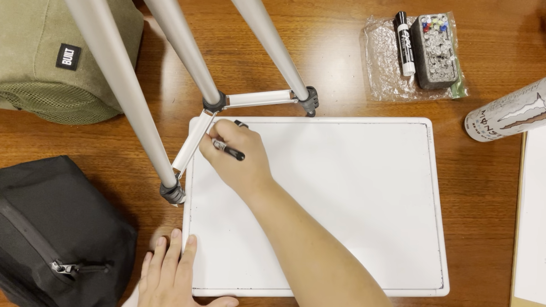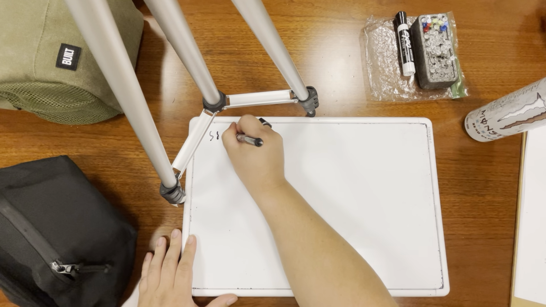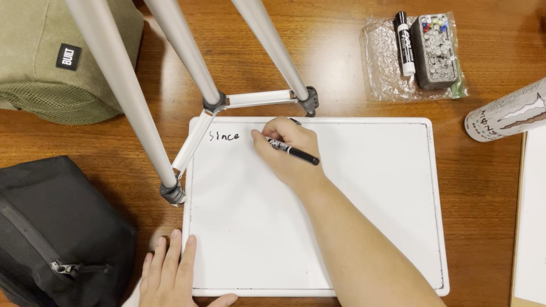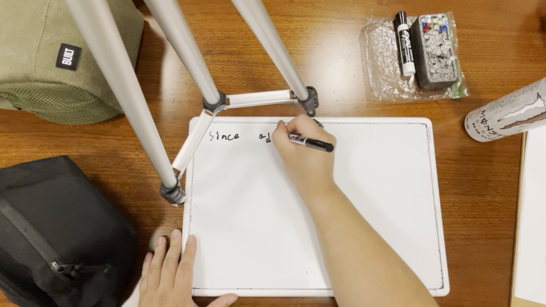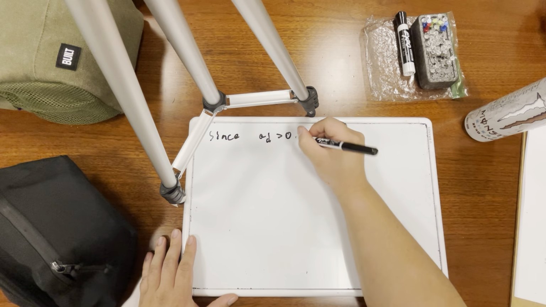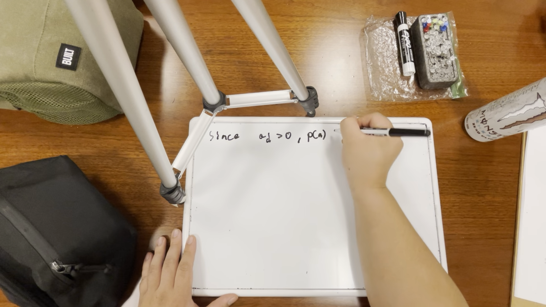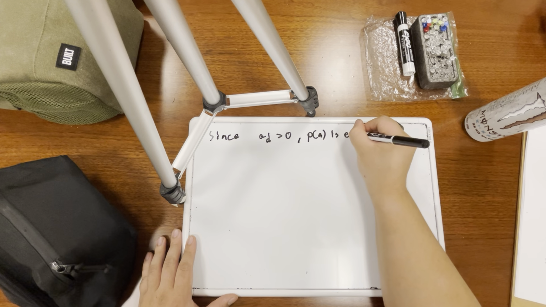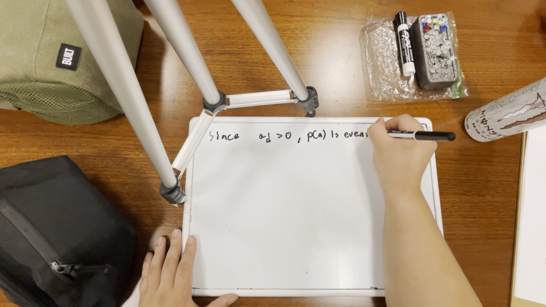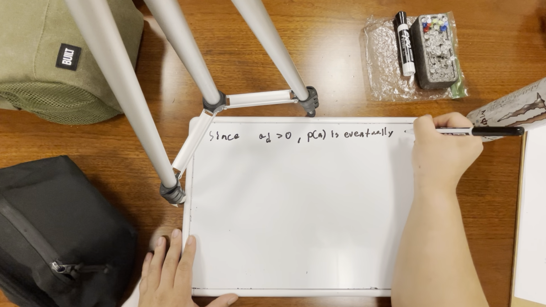So, since a sub d is greater than 0, P of n is eventually positive, right?